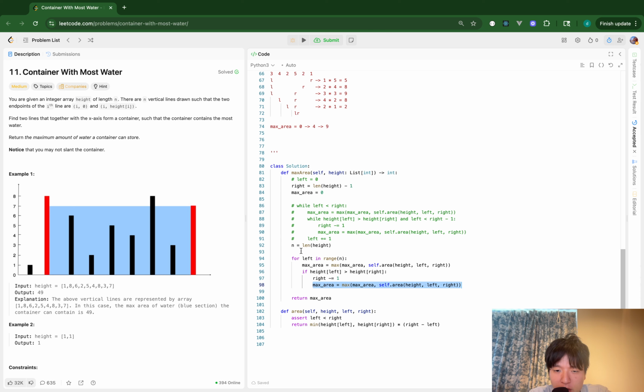And then what happens is that the left pointer is moved. That's not what I'd like to do. Maybe I still need the while loop here. But at least I don't have to iterate left pointer every time.